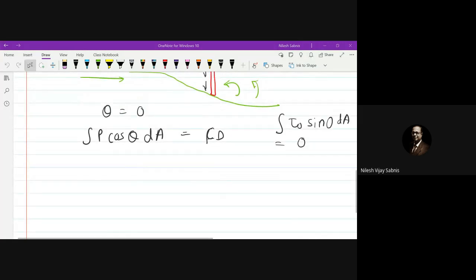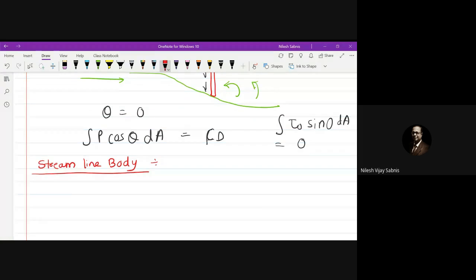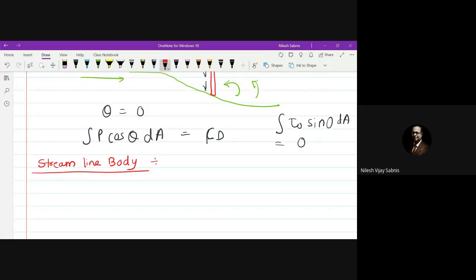Then comes the concept of streamline body. Many times we have used this word streamline body. A streamline body is a body whose surface coincides with the streamlines when the body is placed in the flow. All the edges of the body should coincide with the streamlines of the flow.